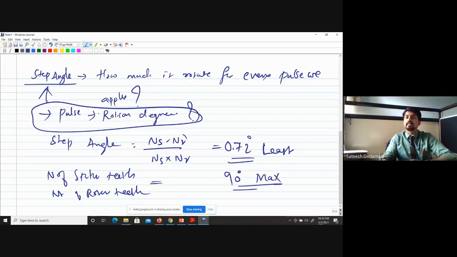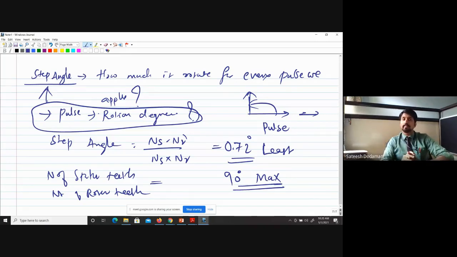That 90 degree means it moves from here to here at a time, so for one pulse it moves 90 degree. That depends on the number of stator teeth and rotor teeth. At the same time, for one pulse it may move only 0.72 degree, so that much precision can be obtained by using the stepper motor.